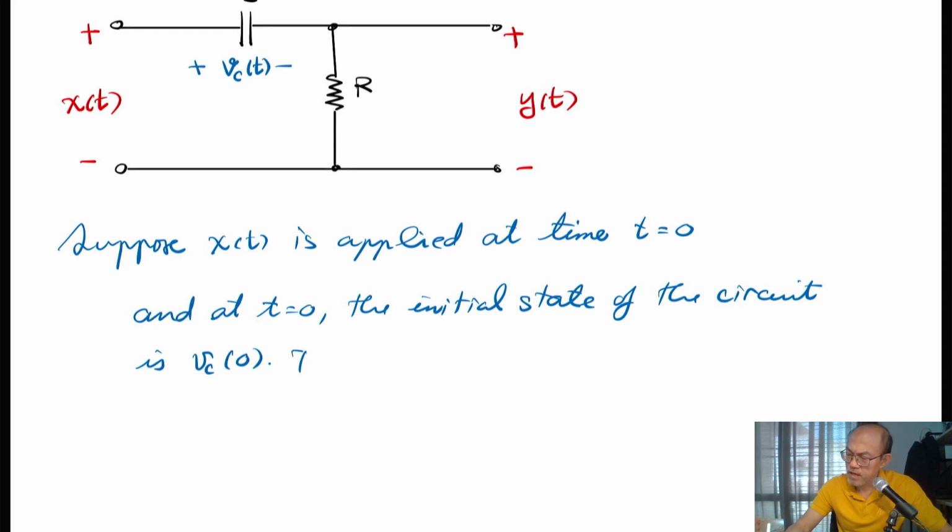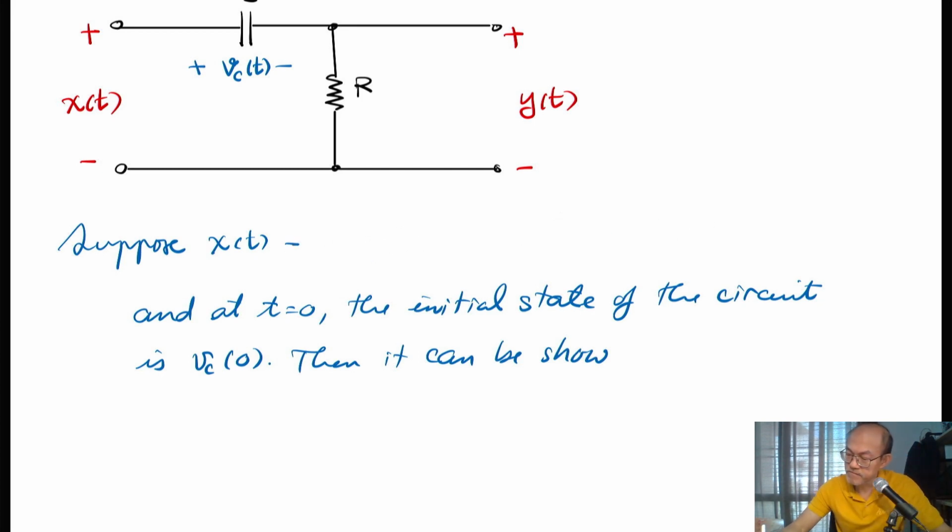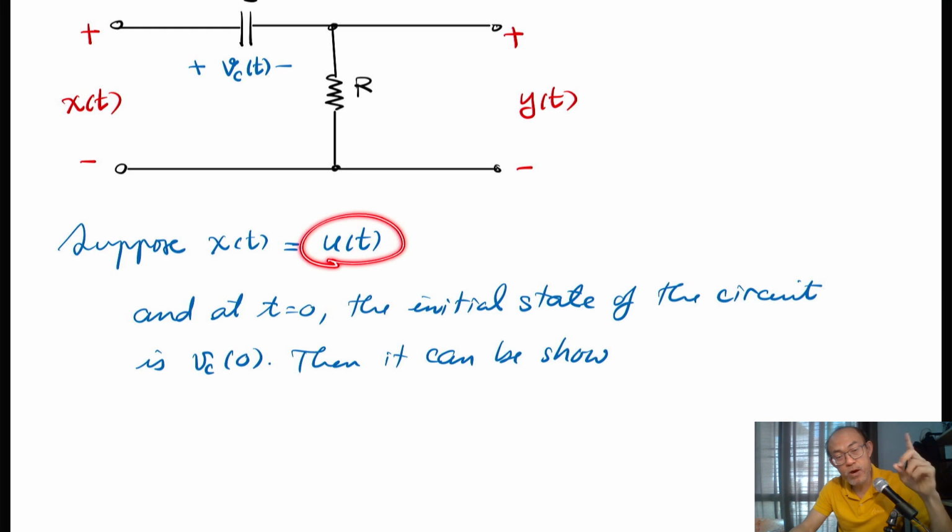Okay, then it can be shown, suppose X of t is equal to u of t. We are applying the input to be 1 at time 0.